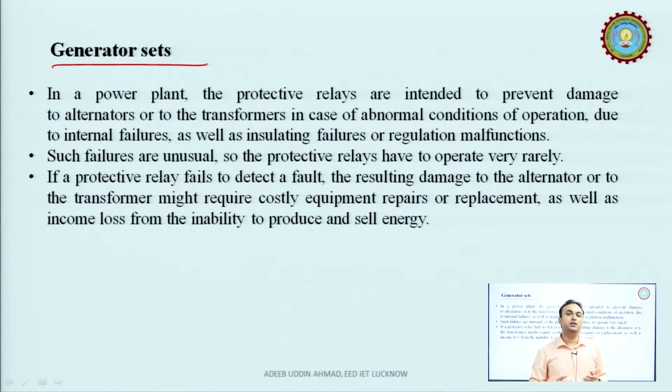This will lead to an interruption in the power supply, because no one wants to bear the extra cost of replacement and repair of the transformer, because a transformer has a very high cost. Suppose we have a 53 or 63 MVA transformer, so the cost is very high. Suppose the cost of this transformer is 2 to 3 crores. This is a very huge amount.